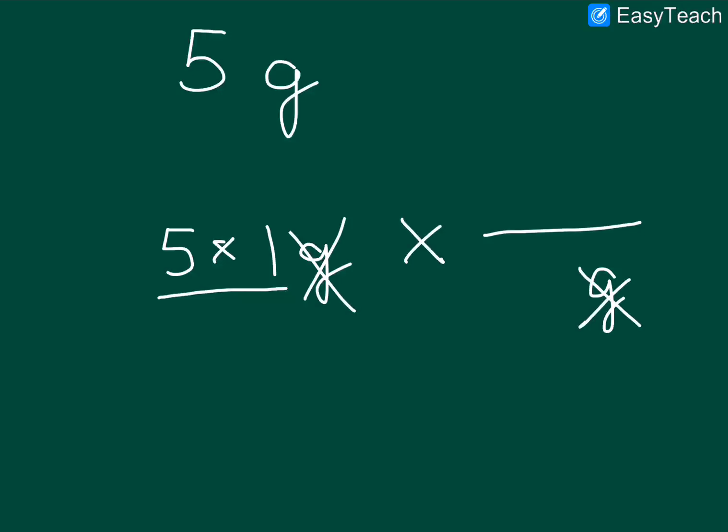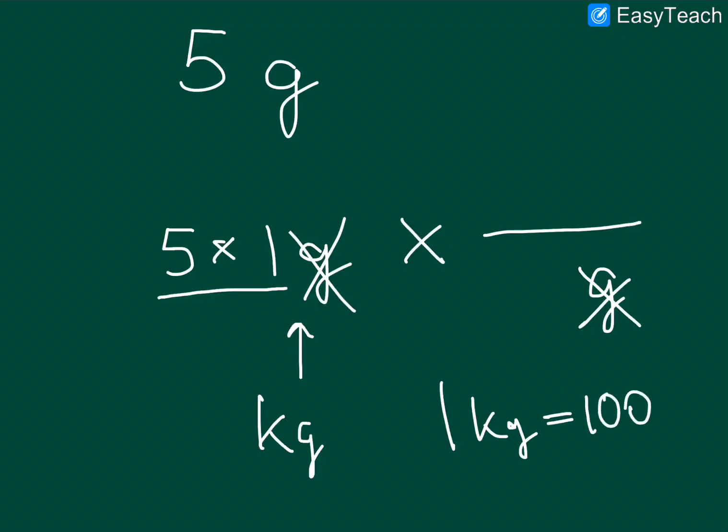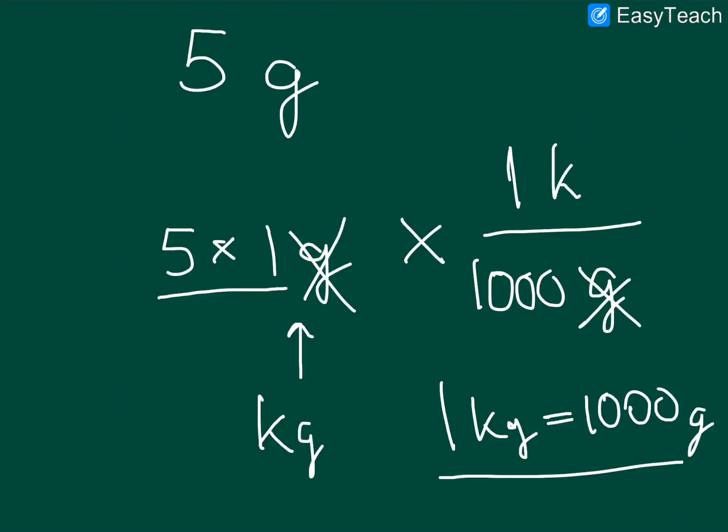But if we want to take it to kilograms, we have to replace the gram with another unit, in this case kilogram. A kilogram is 1,000 times bigger than a gram, meaning for every 1 kilogram there are 1,000 grams. So we can write this as a ratio: 1,000 grams down here and 1 kilogram up here.